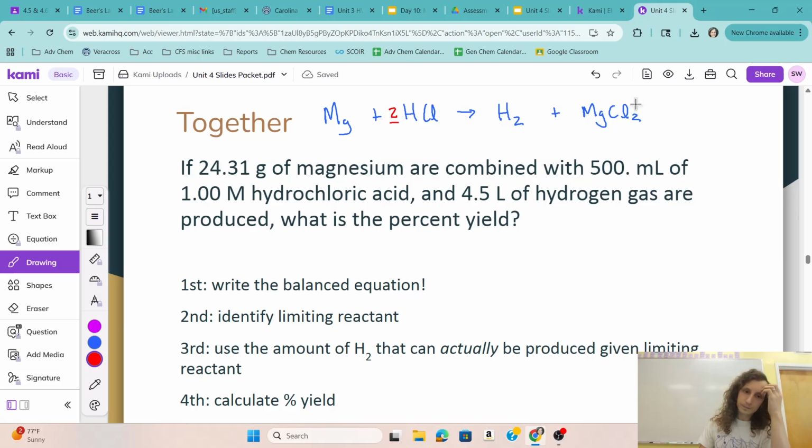Okay. So our second step here is identify the limiting reactant. Given that we have 2 amounts of reactants, we need to know which one actually is giving us our theoretical yield. Now, this one is extra tricky because we're given milliliters of a molar solution, right?